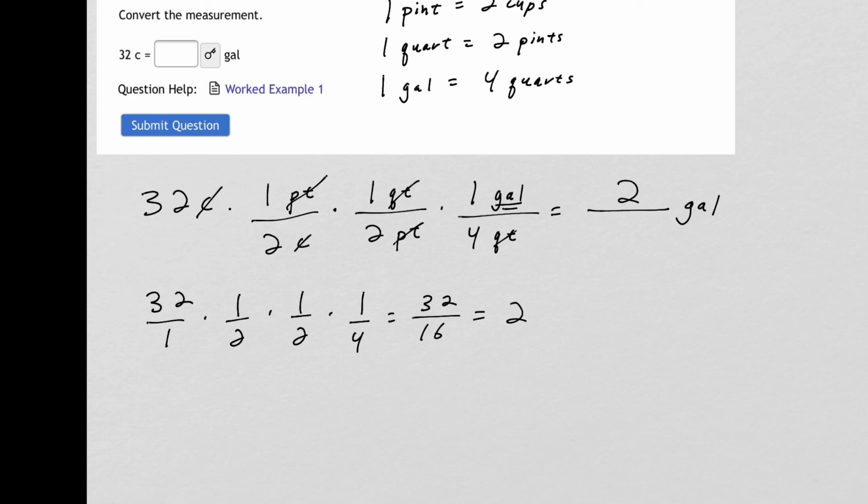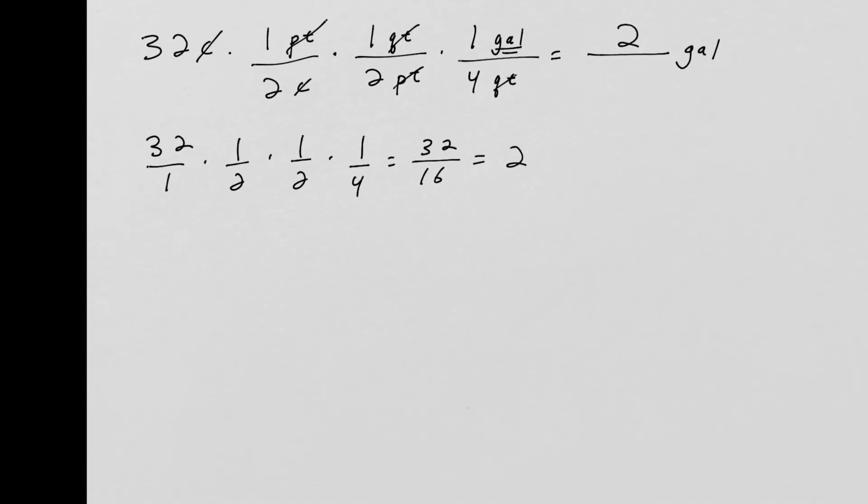Actually, that makes sense, because a gallon of milk is 16 cups. If we knew that, even though it wasn't in the table, we could have done it this way. If you knew that 1 gallon is equal to 16 cups, then we could do this in one step. I could have just multiplied by 1 gallon over 16 cups.